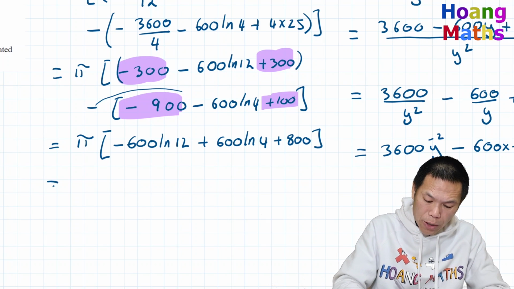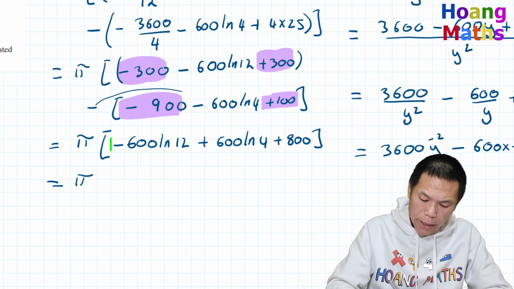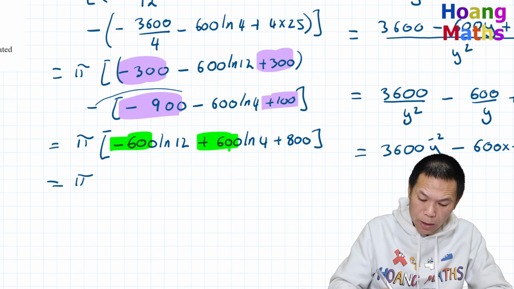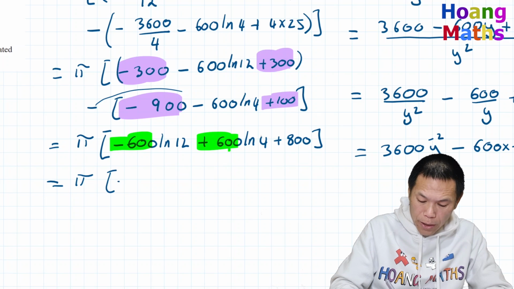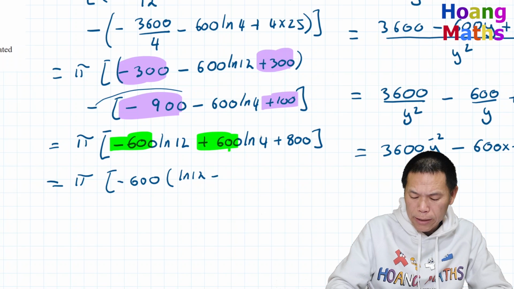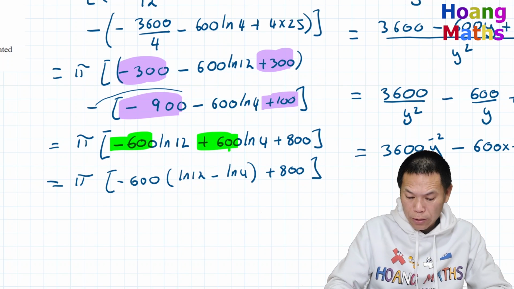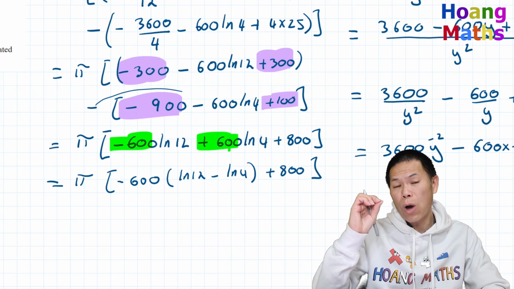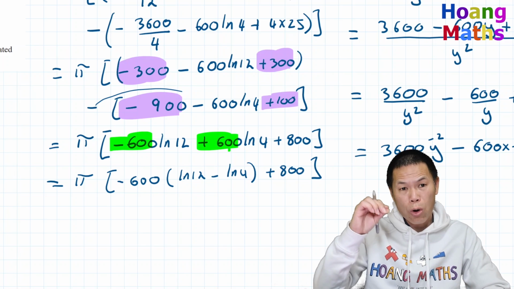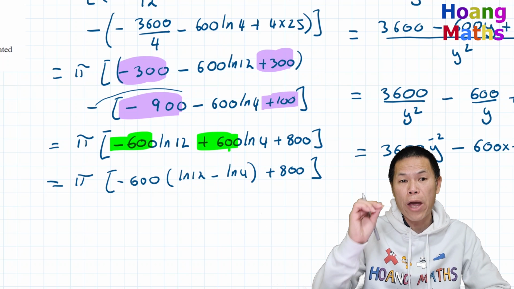So there you go. So pi, and I can take out -600 first, okay? That will give me -600 times ln 12 minus ln 4, and we add 800. But ln 12 minus ln 4 is the same as ln 12 over 4.